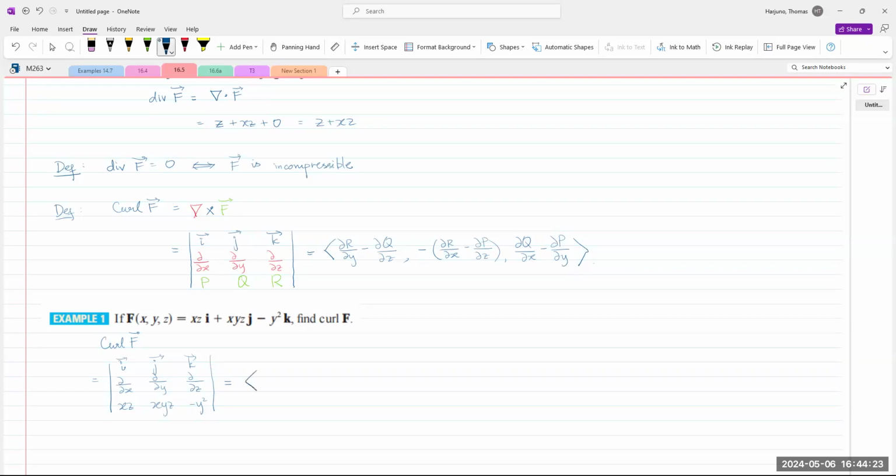So the first component will be negative y minus xy. The second component will be negative of 0 minus x, and the third component will be yz minus 0, which if we simplify we get negative y minus xy, x, and then yz.